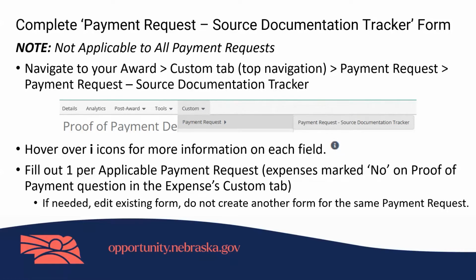And you're going to fill out one per payment request. So for example, if I have 4 expenses and 3 of them I did not have proof of payment, I'm still only going to fill out this form once per payment request. I am not going to fill it out 3 different times, just once.